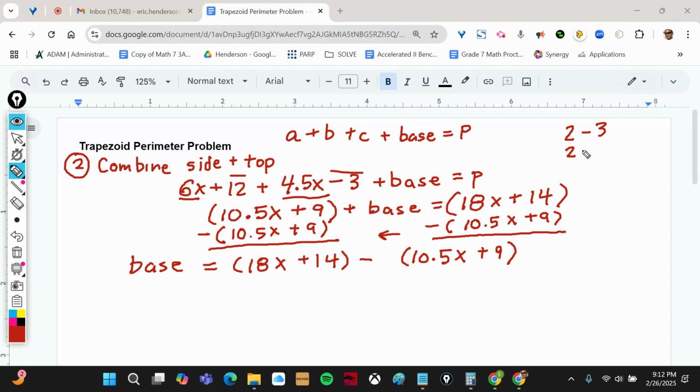So that will be add the opposite. That's keep, change, change. Keep the 2, change the negative to positive, and change this 3 here to a negative 3. Okay, so that's kind of what's happening here.